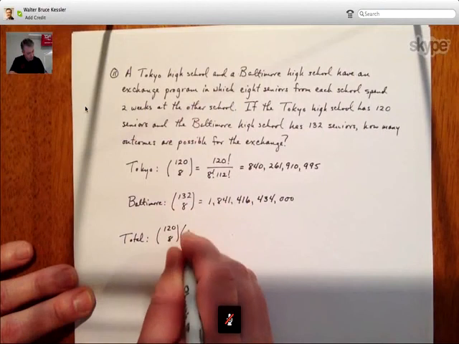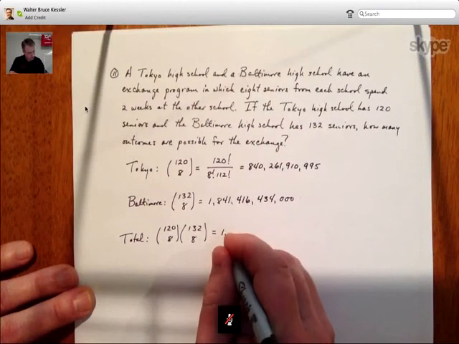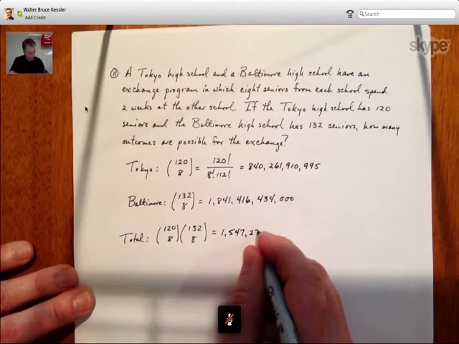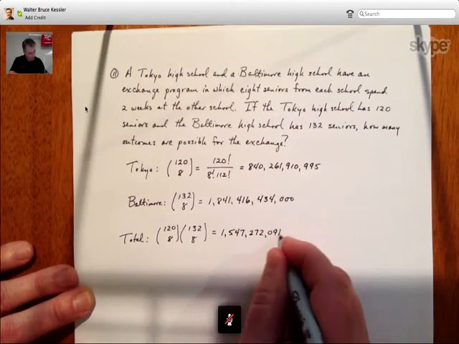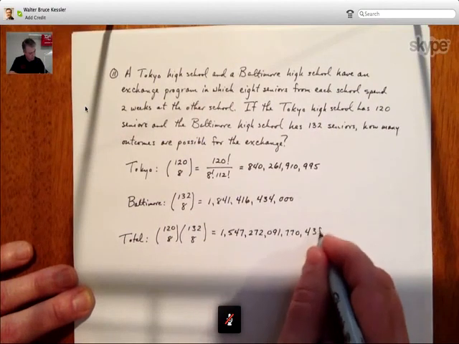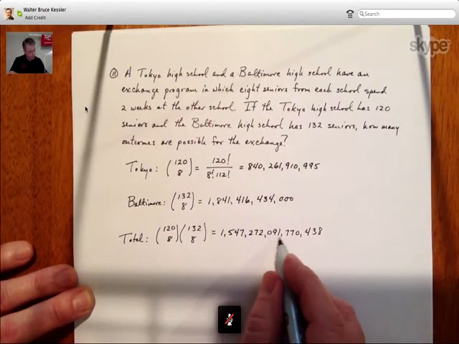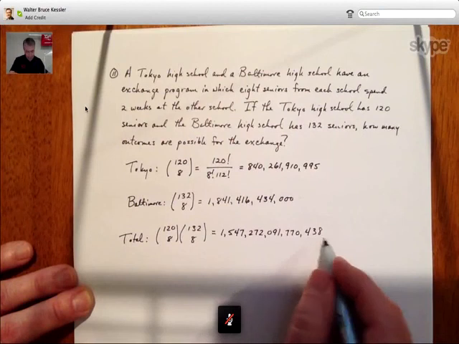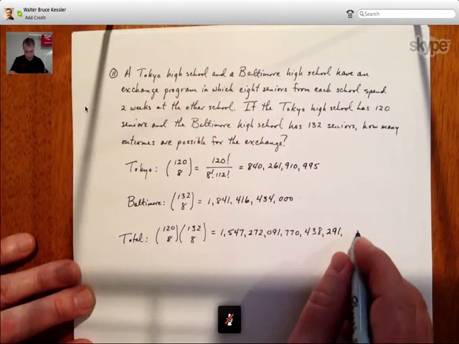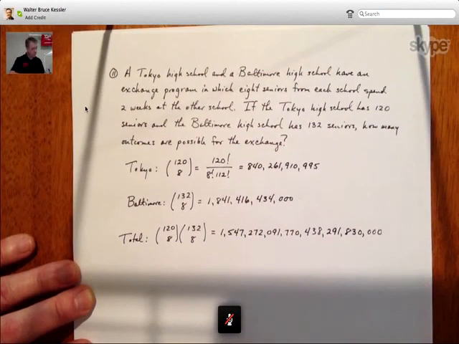You're taking the 120 choose 8 times the 132 choose 8, and this is ginormous. I think I attempted to do this in class, but I'm just going to write it out. 4, 3, 8, 1, 5, 4, 7, 2, 7, 2, 0, 9, 1, 7, 7, 0, 4, 3, 8, 2, 9, 1, and then 830,000.